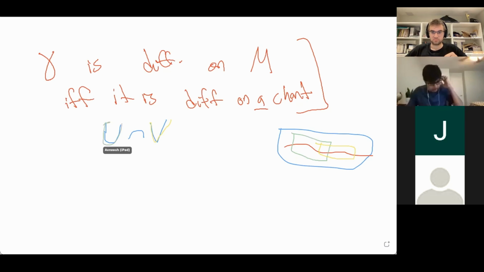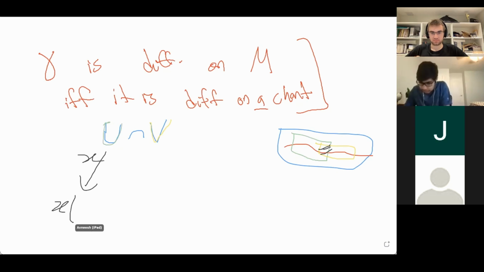So what we're trying to do is say, so we can map this. What we want to do is understand this overlapping region. And the way we do that is by mapping it. So we use this chart map X to take it to, I believe it's just X of that. So like it could be whatever the map is of that intersection, right?